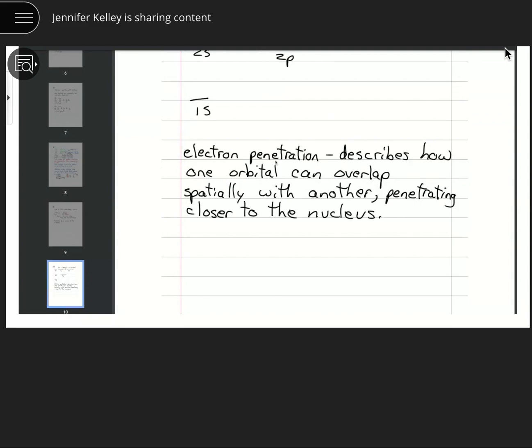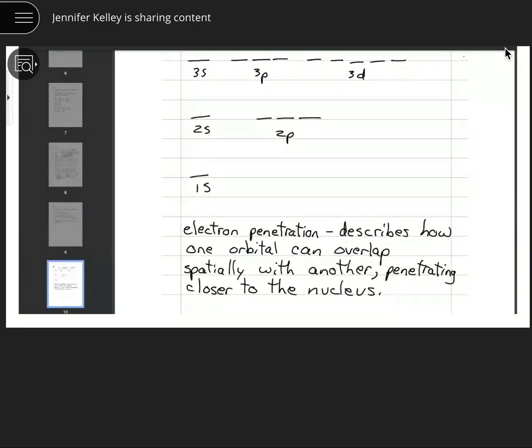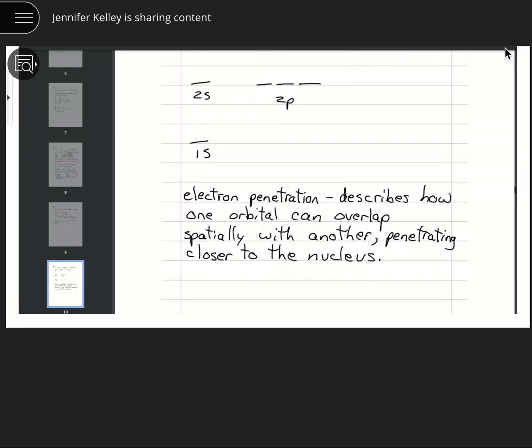So again, with the electron penetration, it describes how one orbital can overlap spatially with another one, penetrating closer to the nucleus. In other words, where we think something should be in the 2s, sometimes that electron has a small probability of somehow being in the 1s instead.